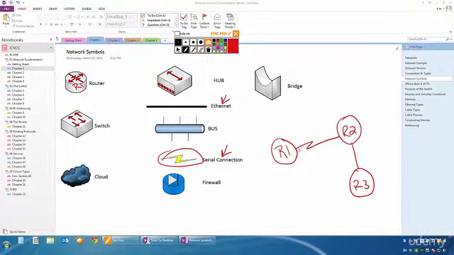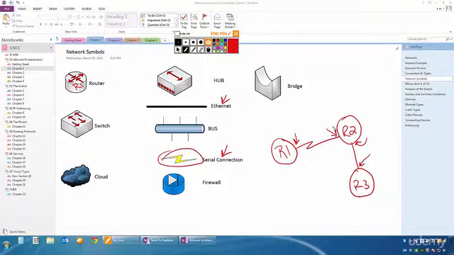So what does that mean? Obviously, if I have a lightning bolt, I'm using a serial connection, which means I'm going to be plugged into what? A serial port on this end and this end. If I have a straight line, that means I'm using Ethernet, so that means I'm going to be plugged into what? An Ethernet or a fast Ethernet connection. These are just names that you haven't really learned just yet, but it doesn't matter.